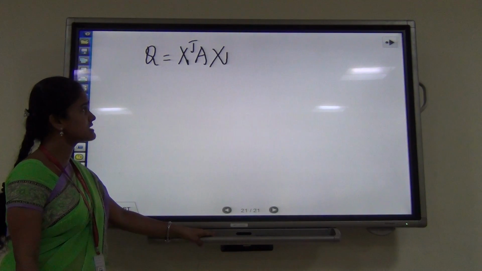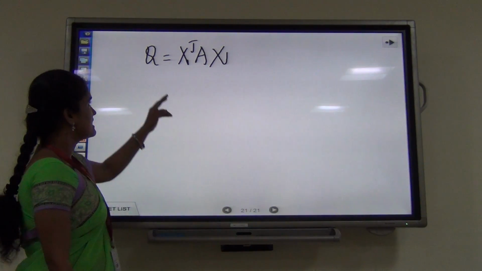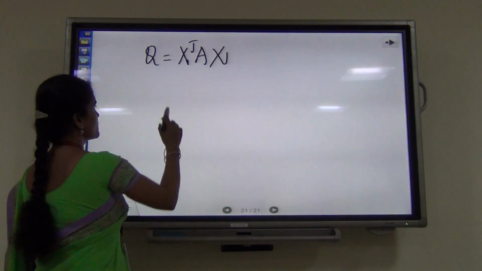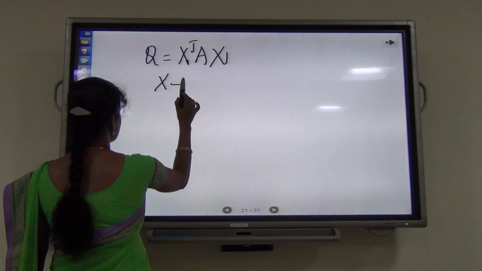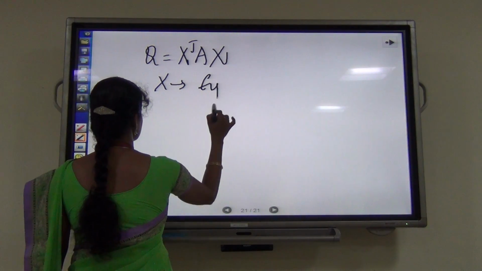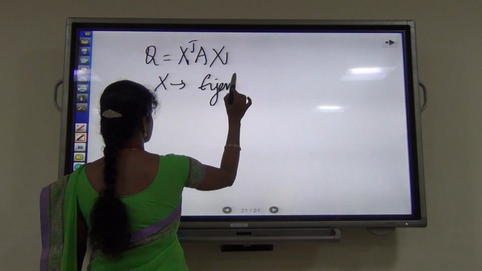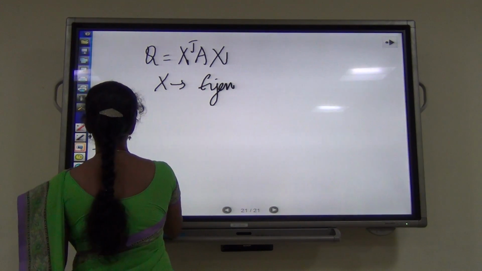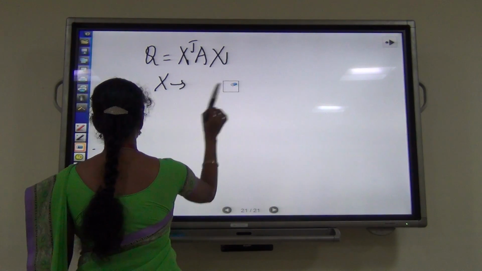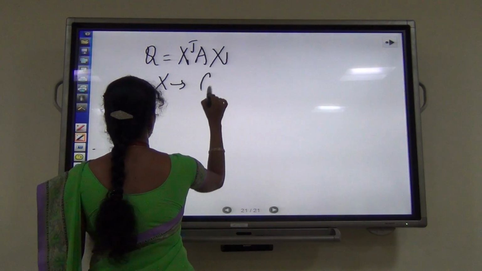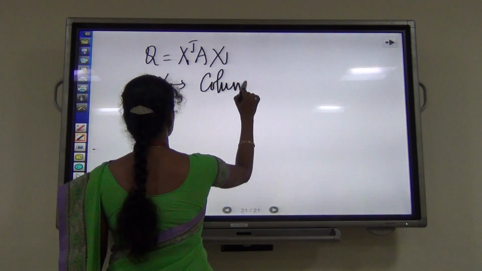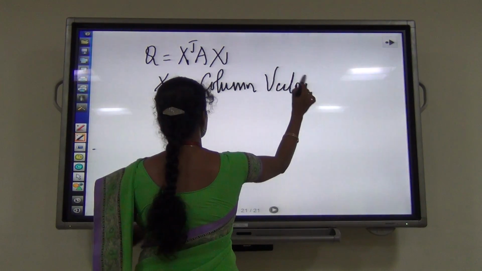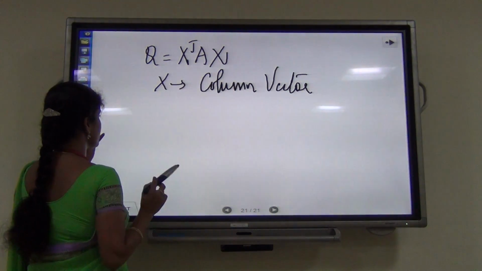Now what is x? It's just a vector. It's not an eigenvector. It's a column vector, and x transpose is the transpose of a column vector.